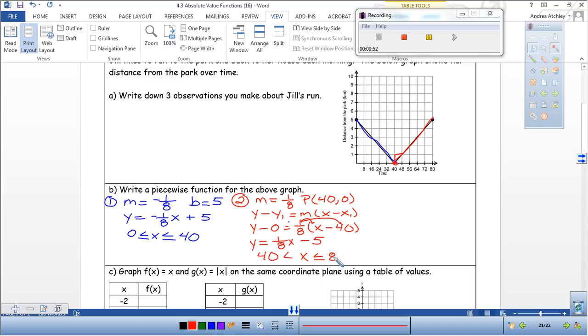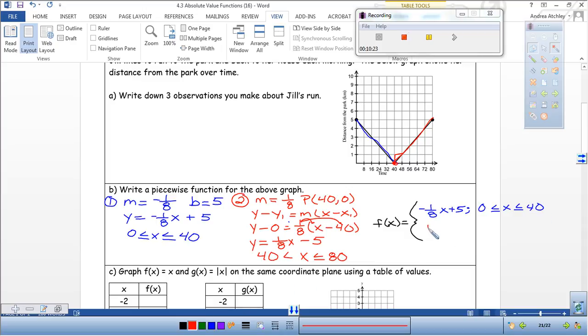Okay. So then we'll write the whole thing out. F of x equals the negative 1 over 8 x plus 5, and then the domain of 0 is less than or equal to x is less than or equal to 40.